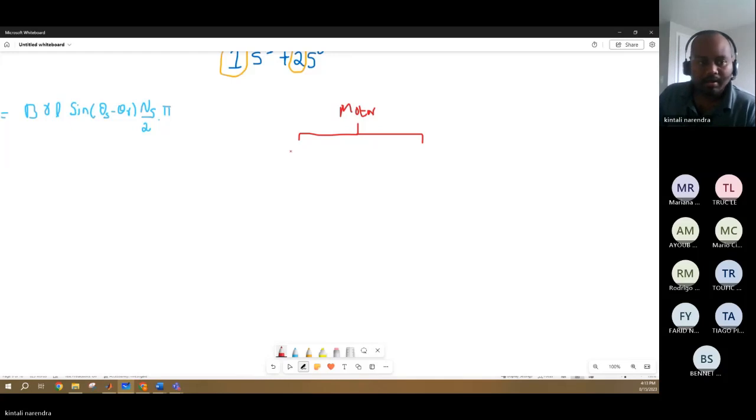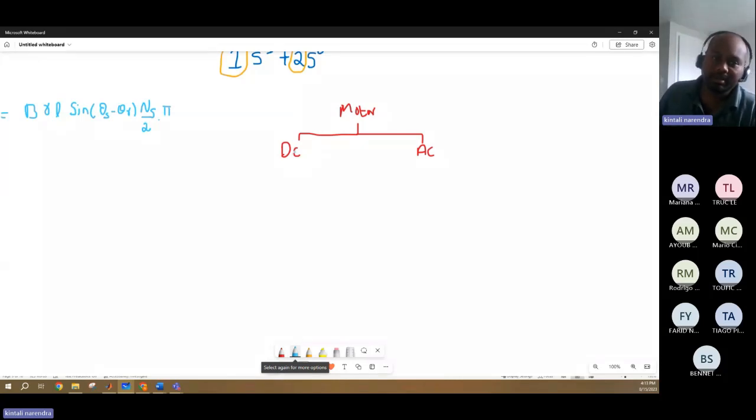AC and DC. Yes, DC motors and AC motors. When we provide DC current to the motor, we call it a DC motor. If we provide AC power supply to the motor, we call it an AC motor. As simple as that.